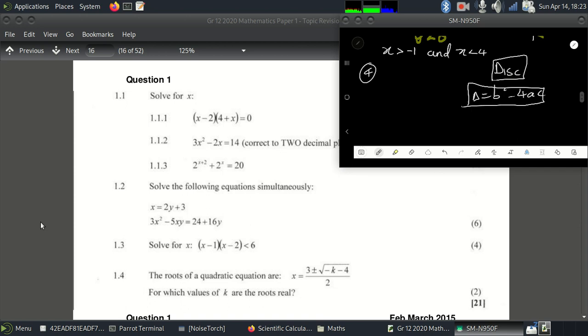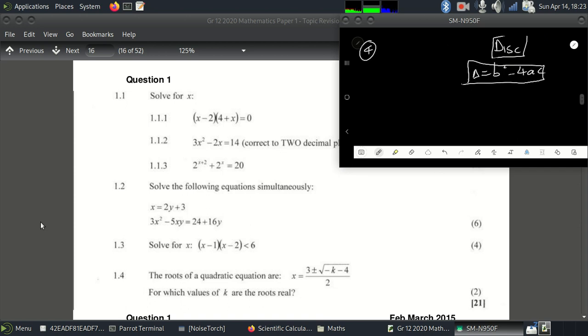And you can notice that this discriminant looks familiar. It actually comes from the quadratic formula. So, in essence, it actually looks like this. That's the quadratic formula. And if we think about roots, this thing that you have right here, that's a root.